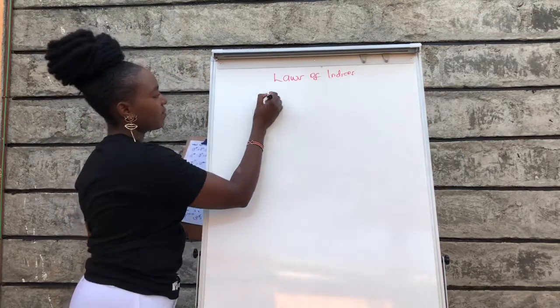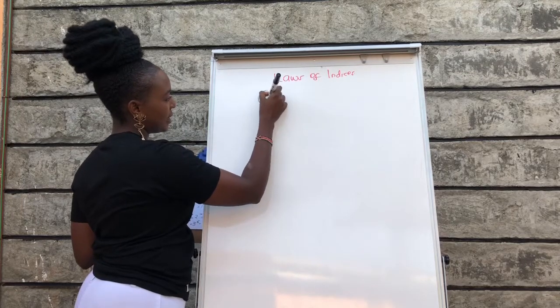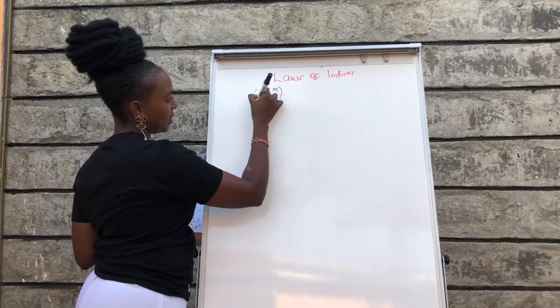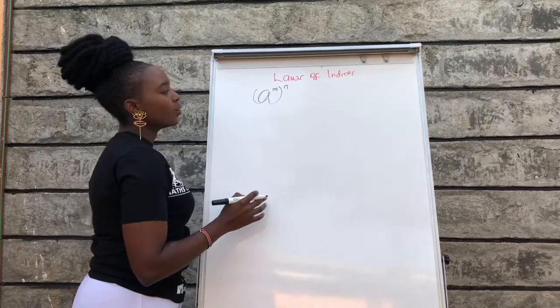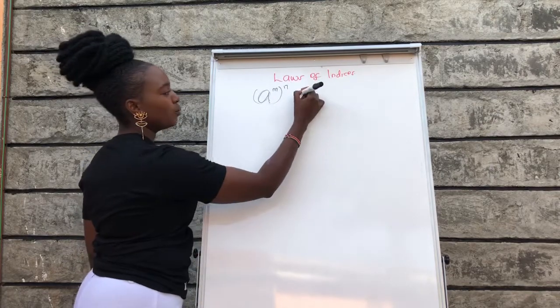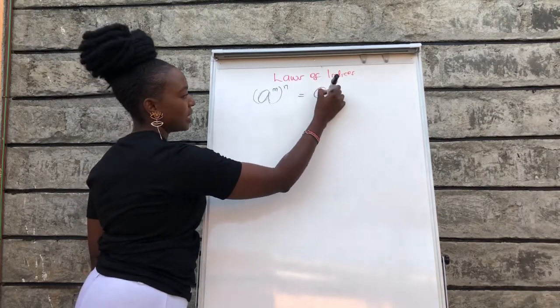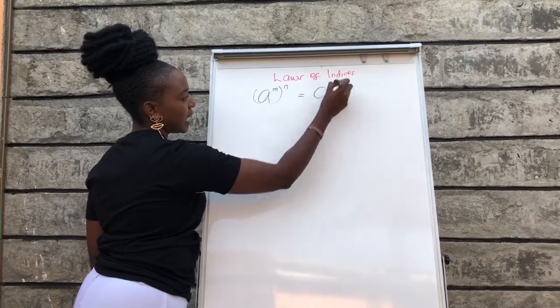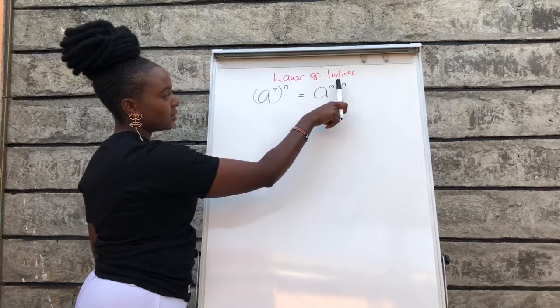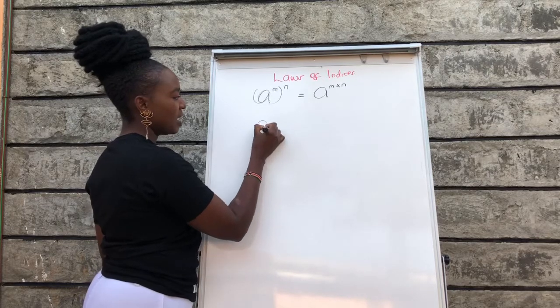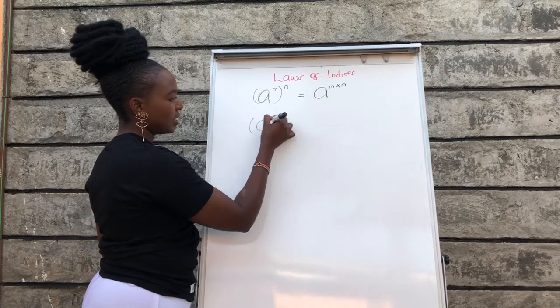Okay, so when given (a^m)^n, this means you multiply the powers, a^(m times n). Assume you've been given a^3 all raised to 4.